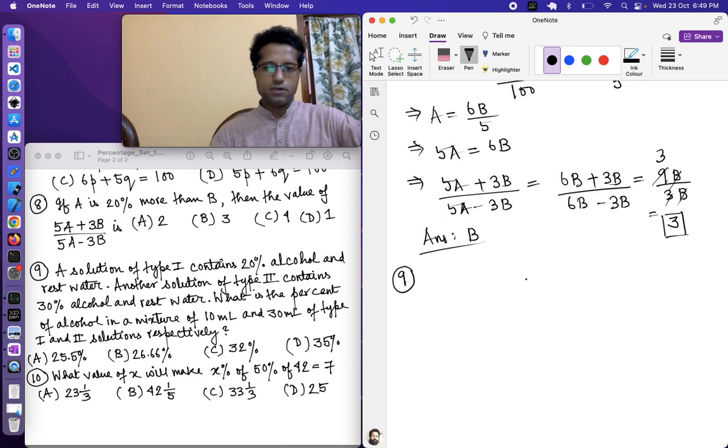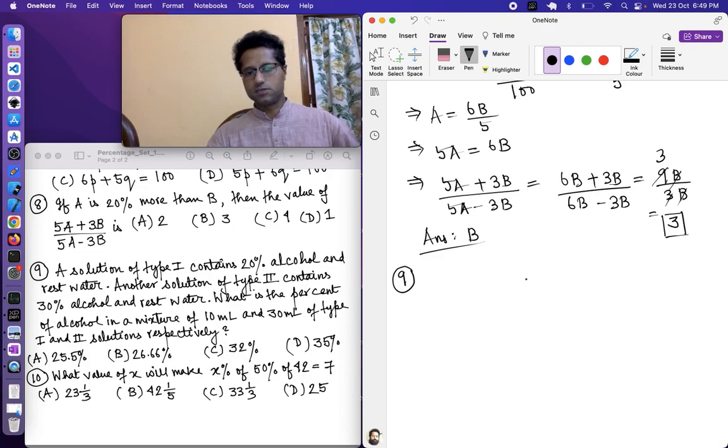What is the percent of alcohol in a mixture of 10 ml and 30 ml of type 1 and type 2 solutions respectively? So it is mixing 10 ml of type 1 solution and 30 ml of type 2 solution, and that mixture will be of 40 ml. We have to find the percentage of alcohol.